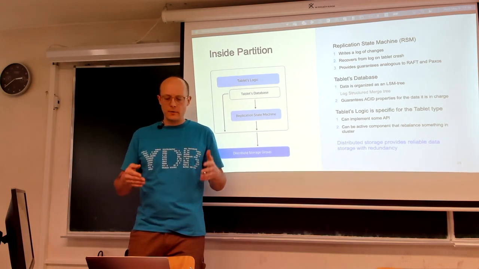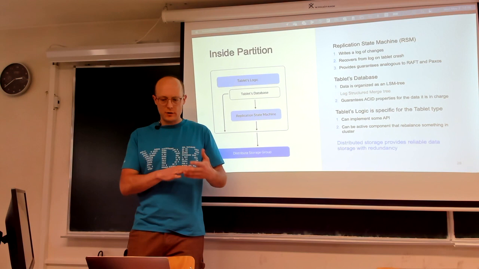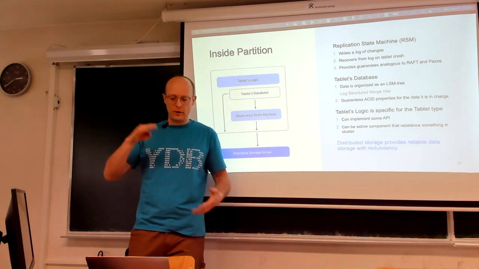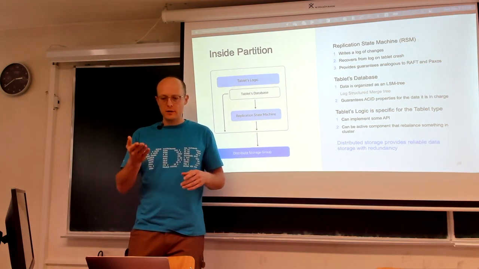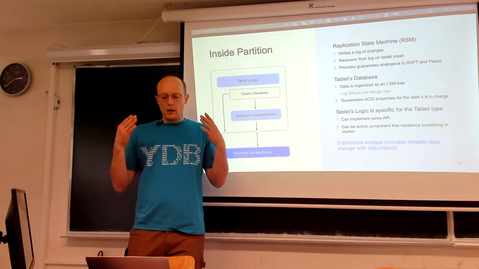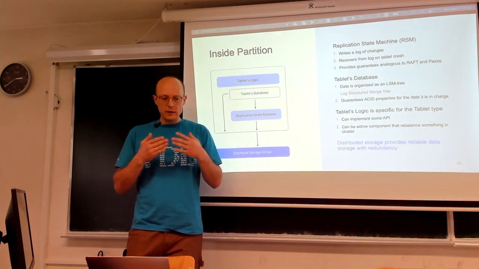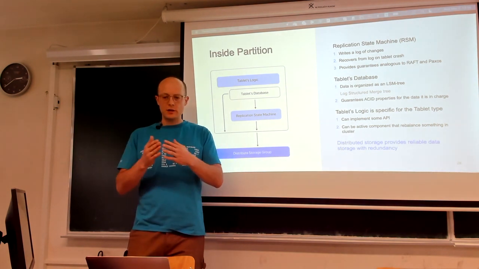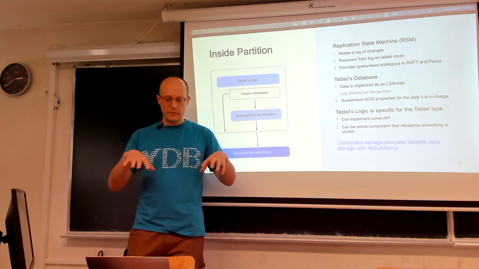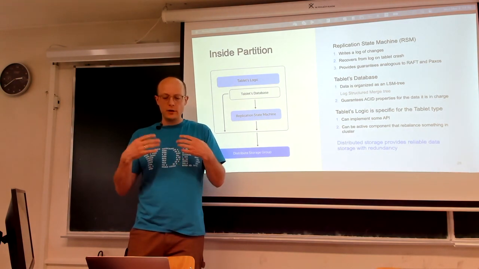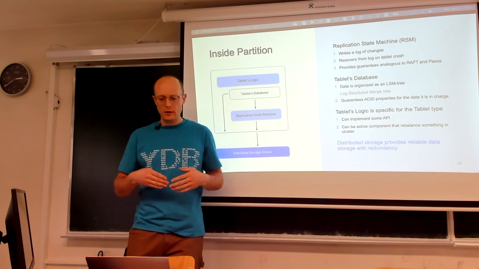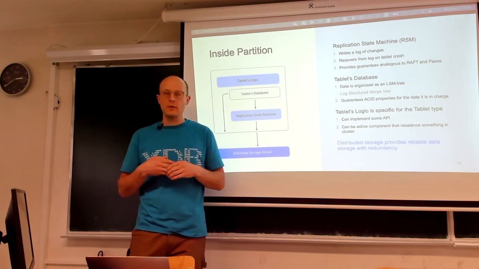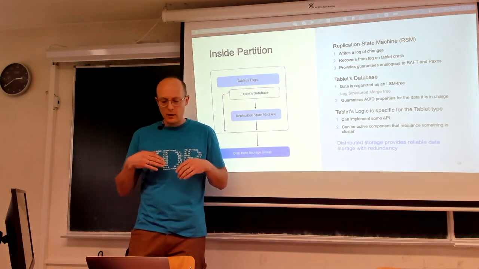It has to do compactions because there might be more than one level in this tree. And when it's split, it just borrows the data written to blob storage from the initial partition, so it doesn't have to copy all the data at the time of split, to make the split fast.